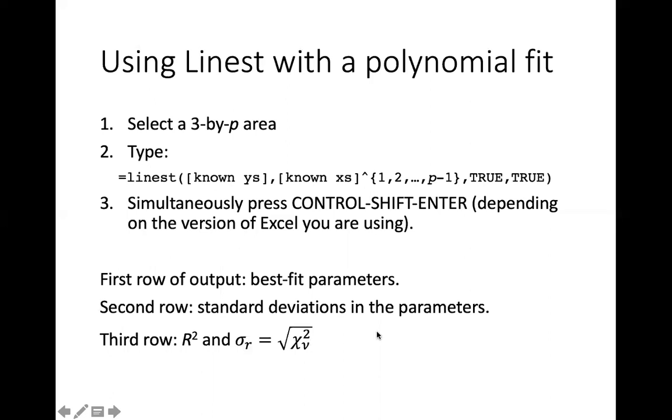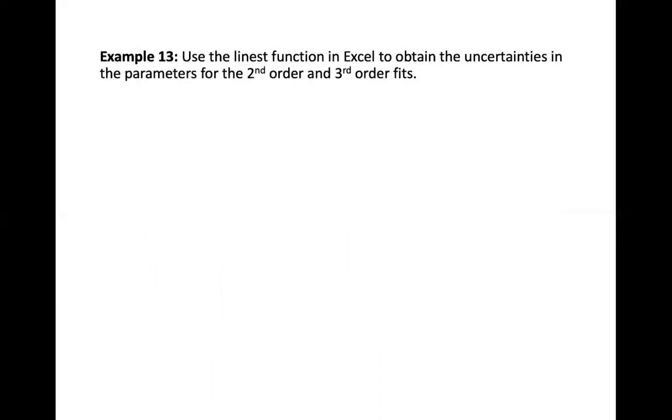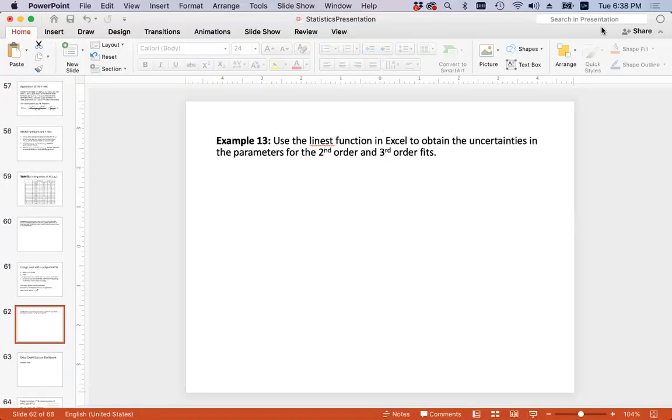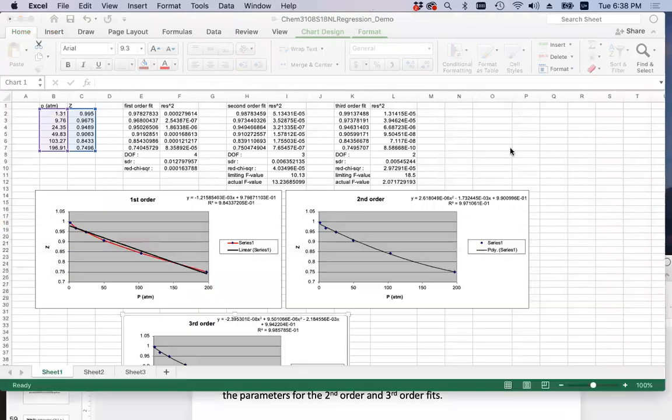Okay. So next we're going to do an example where we use the linest function in Excel to obtain the uncertainties in the parameters for the second order fit and the third order fit. Let me go to the spreadsheet.